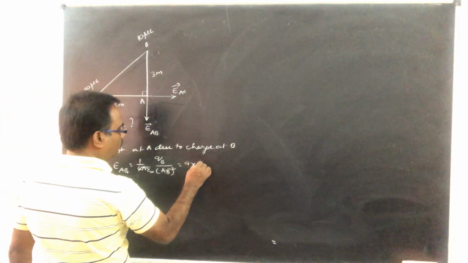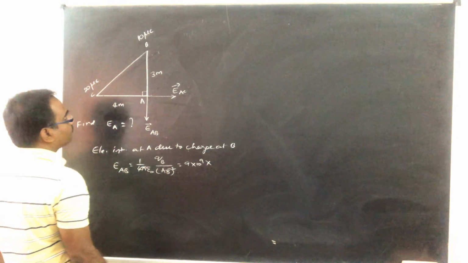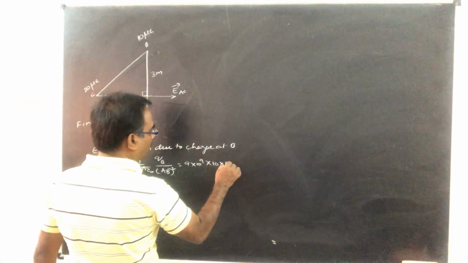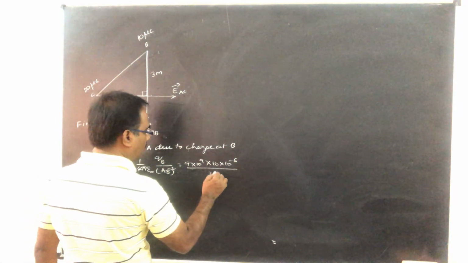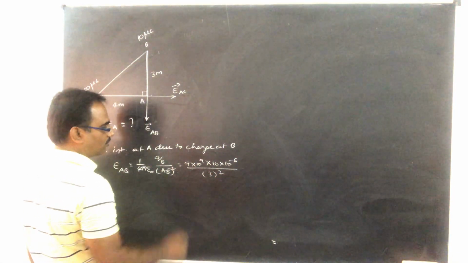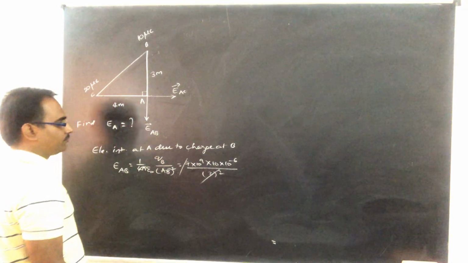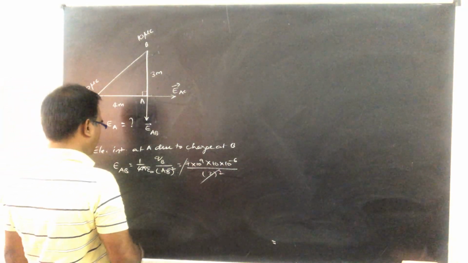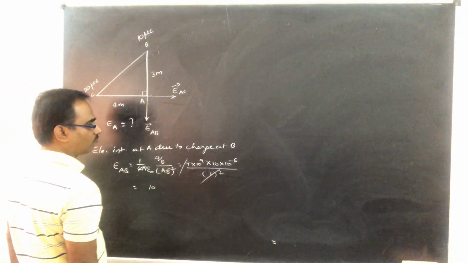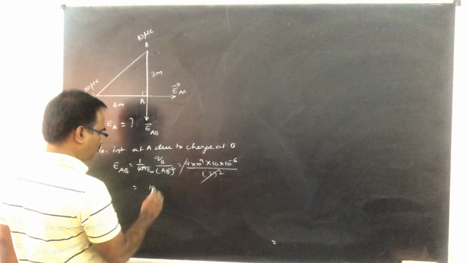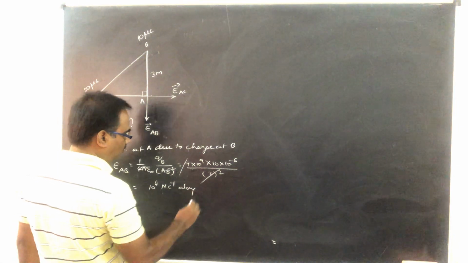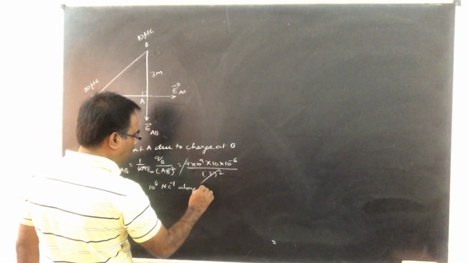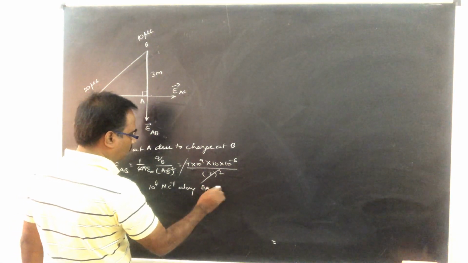So this is 9 into 10 to the power of 9, 10 into 10 to the power of minus 6 divided by 3 whole square. So these terms will cancel. So this will become 10 to the power of 4 Newton per coulomb along BA, in this direction.